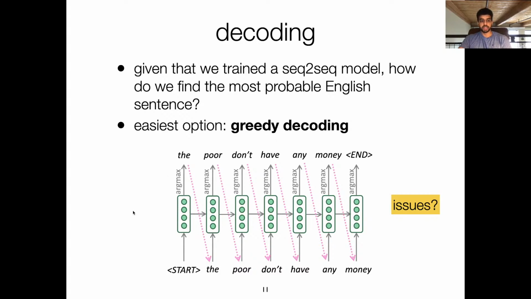Here, in this figure, I've only shown the decoder part of the sequence-to-sequence model. You can assume there's some encoder over here that's being fed in. But the English translation is "the poor don't have any money." Remember that we proceed word by word. We produce one word at a time. For each input, remember we start with the start token.